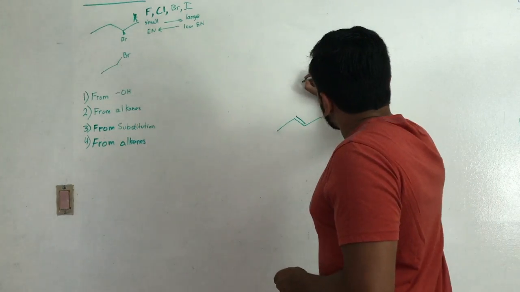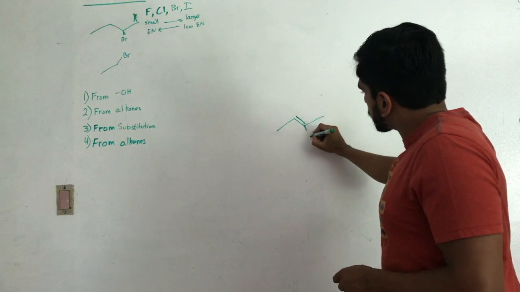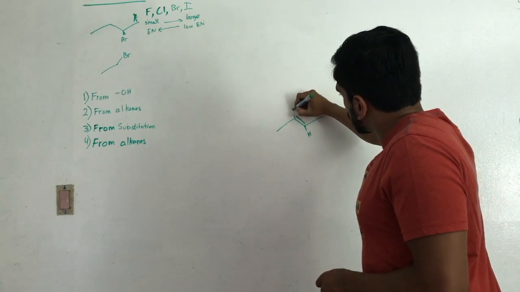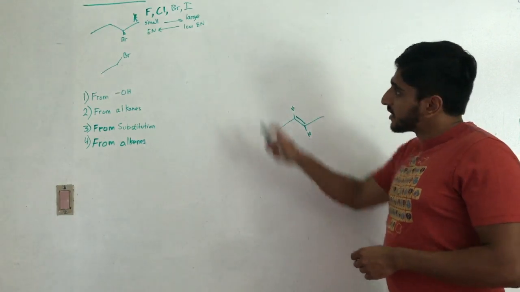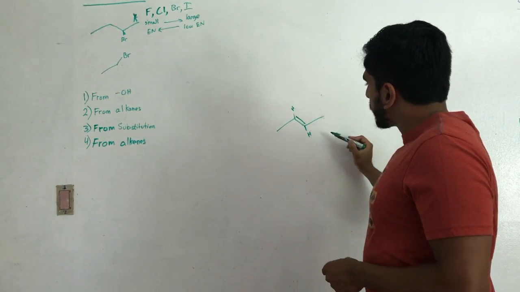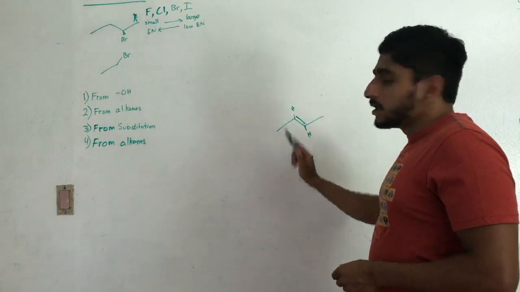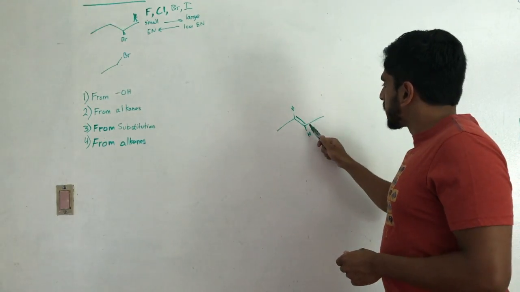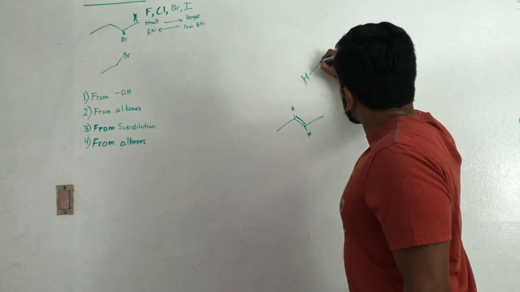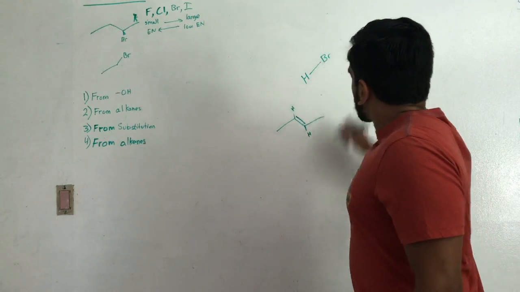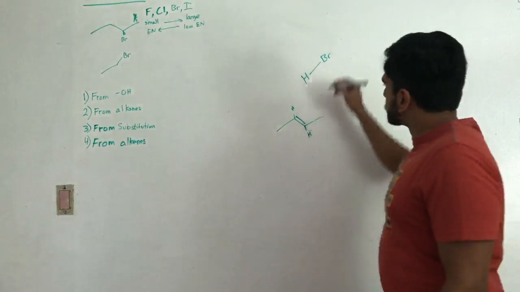And what we need to add, so keep in mind that there's one hydrogen atom here and one hydrogen atom here. So all we need to add to the system to make that is one hydrogen atom here, and one bromine atom here. So in order to do that, we're going to introduce, once again, our old friend HBr into the system.